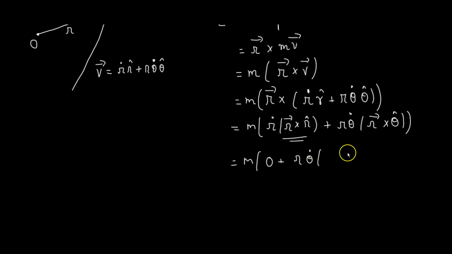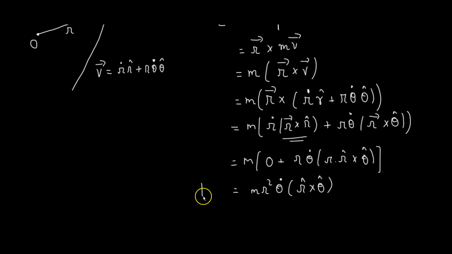Now r vector can also be written as its magnitude r times the unit vector along r, crossed with theta cap. That gives us m r square theta dot multiplied by r cap cross theta cap.